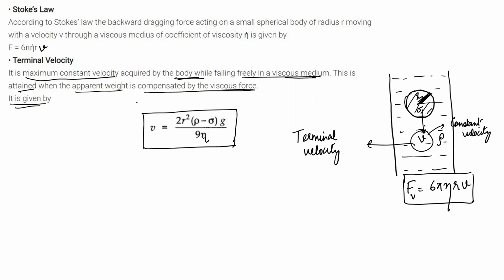How to identify this expression? Let's see. As we know that it is a maximum constant velocity, that means the motion is uniform motion. So if I am having a viscous fluid, and in this viscous fluid a spherical body is moving, this is a spherical body having density sigma, and the density of the fluid is rho.